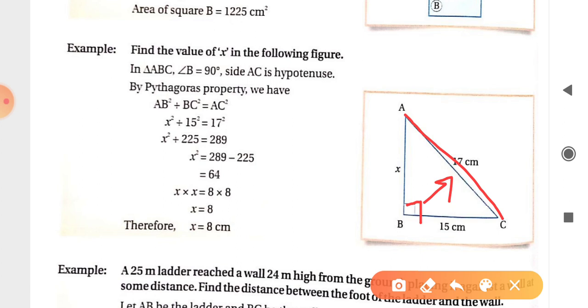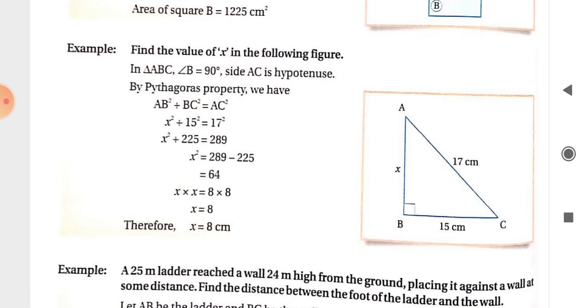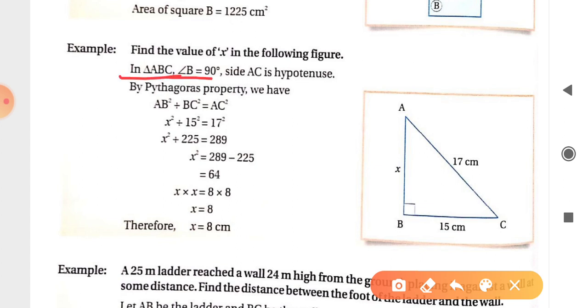By Pythagoras property, hypotenuse square is equal to base square plus perpendicular square. So we will use Pythagoras property in this triangle. Firstly we write: in triangle ABC, angle B is equal to 90 degrees and AC is the hypotenuse.